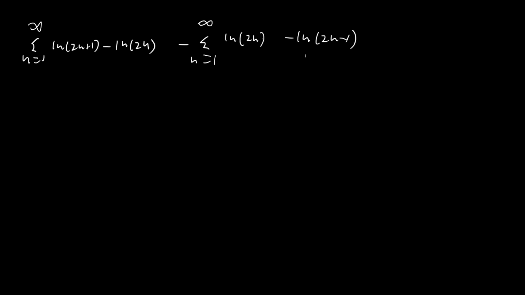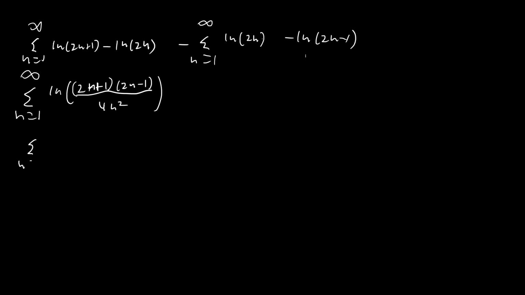Not too much, though. So now we're going to have the sum from n equals 1 to infinity of ln of 2n plus 1 times 2n minus 1 over 4n squared, which equals the sum from n equals 1 to infinity of ln of 4n squared minus 1 over 4n squared.